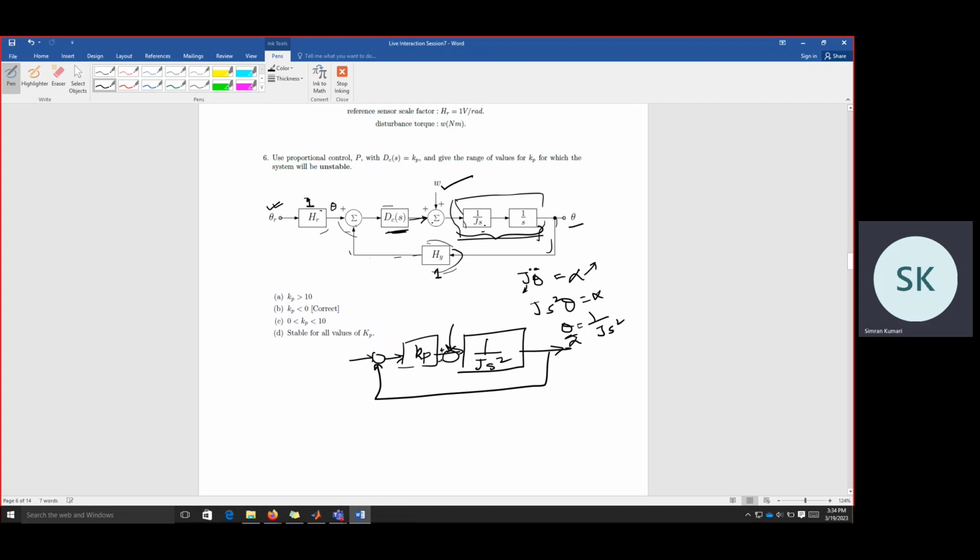So this is the summation of these two. This is theta. So what would be the output given this theta r and w?